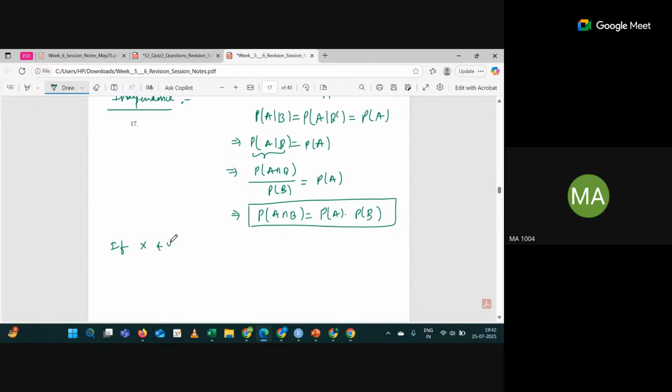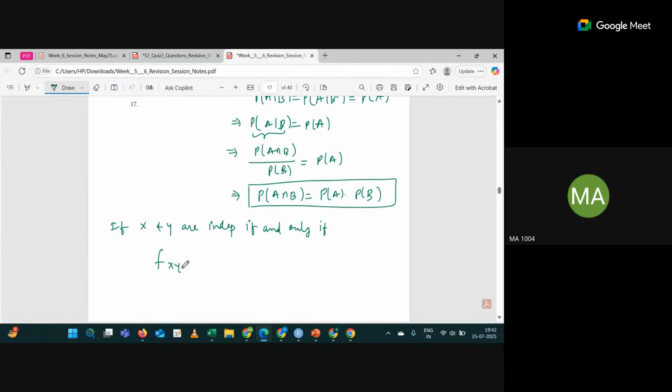Now, in terms of random variables, suppose you have two random variables, x and y, which are independent. I will say they are independent if and only if the joint density is equal to the product of their marginals. Would you agree with me?